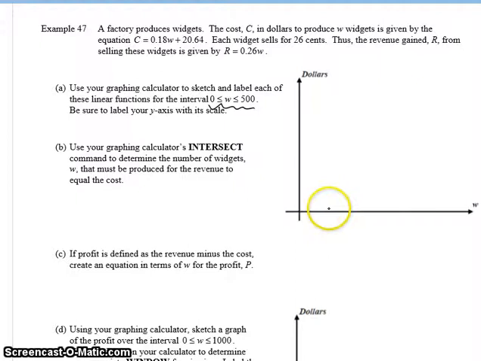So they want you to go from 0, which is starting here, so maybe go up by hundreds each time. I might be running out of space, so 100, 200, 300, 400, 500. Okay, so there's me going up by hundreds every time.